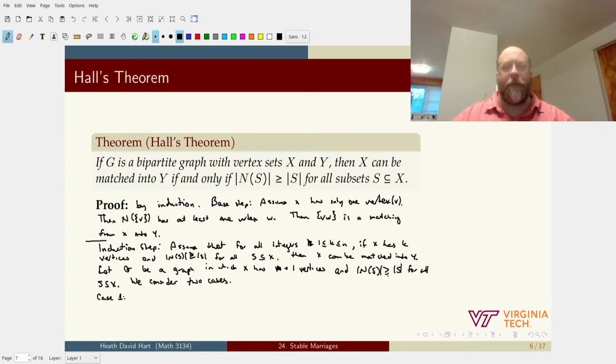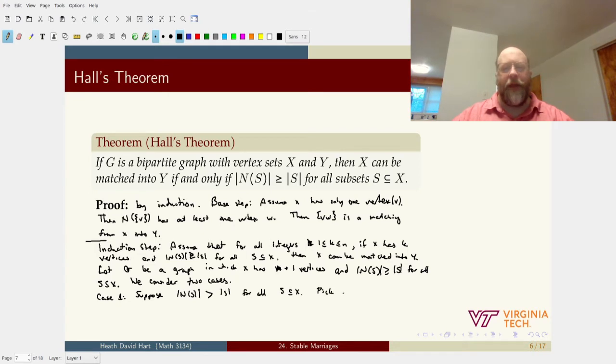So, case one. Suppose we could drop this equal sign. Suppose N of S is greater than S for all S in X. Okay?